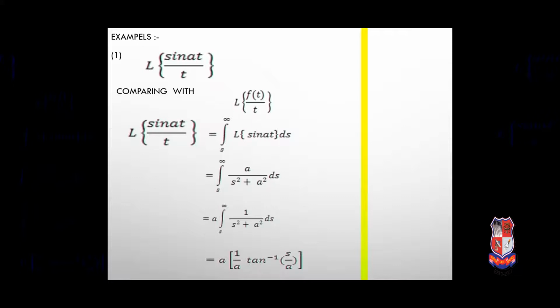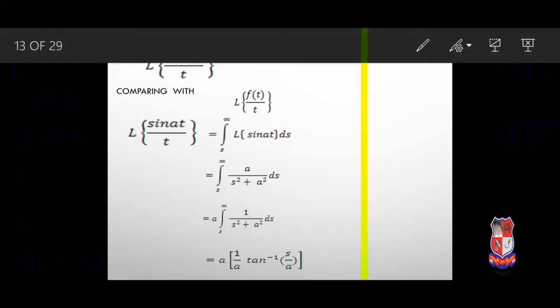Then a is constant here. We have to do integration of 1 upon s square plus a square, keeping a constant outside. Then the integration of 1 upon s square plus a square is equal to 1 upon a tan inverse s upon a.